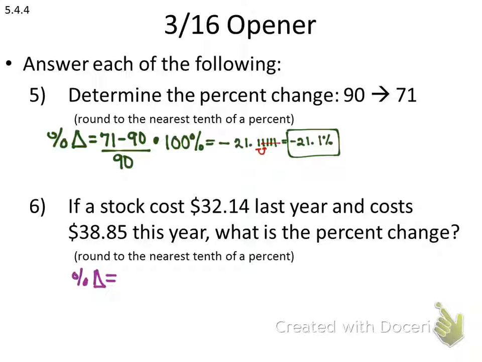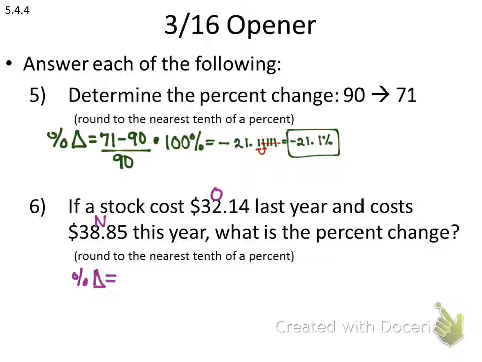Before I can move forward, I need to identify my new number and my old number. So what's my new number? $38.85 is my new number because it's this year. My old number is going to be the $32.14 because that's last year's number.